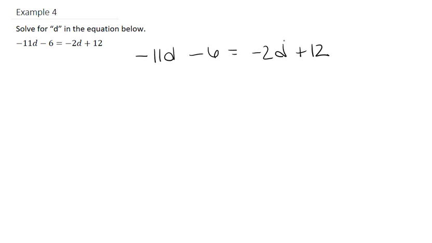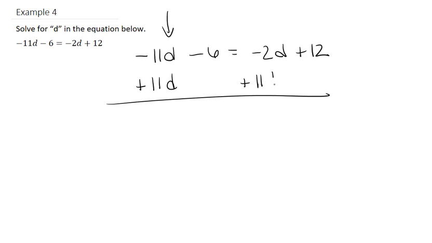So let's go ahead and add this 11d to both sides. This way, we'll get d to become positive. So if we just add plus 11d, this just becomes 0 minus 6 equals, this is really just 11d minus 2d, so 11 minus 2, which is 9, and then d, we keep the variable, plus 12.